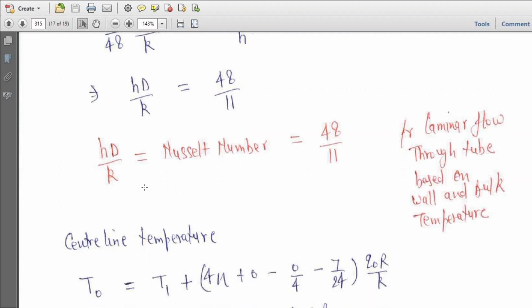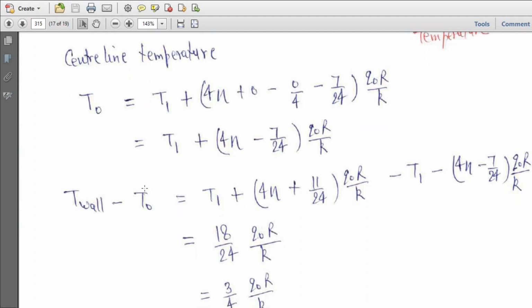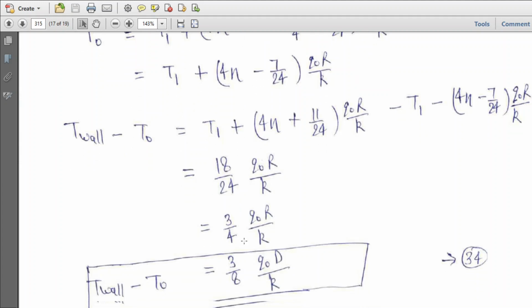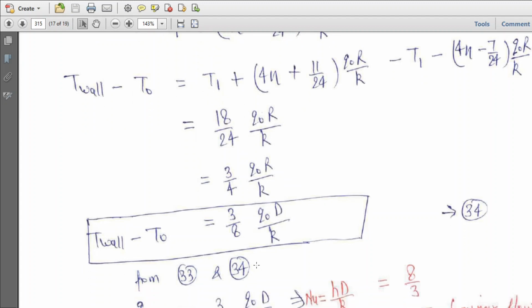Now we can calculate the centerline temperature at epsilon equal to 0, or R equal to 0. So T0 equals T1 plus 4 eta minus 7 by 24 q naught R upon k. Based on that we can calculate TW minus T naught equal to 3 upon 4 q naught R upon k. Then we can convert R into diameter: 3 upon 8 q naught D upon k.